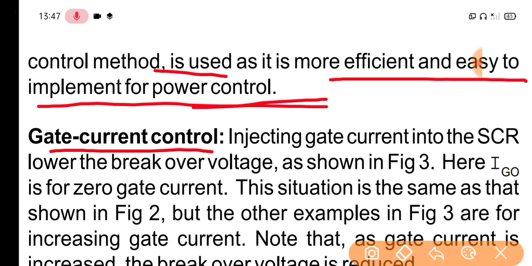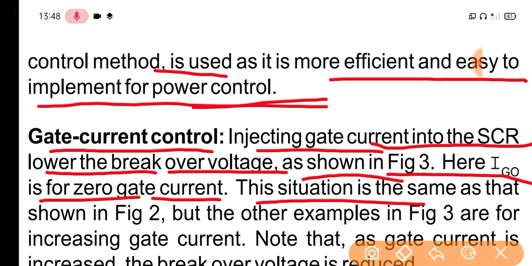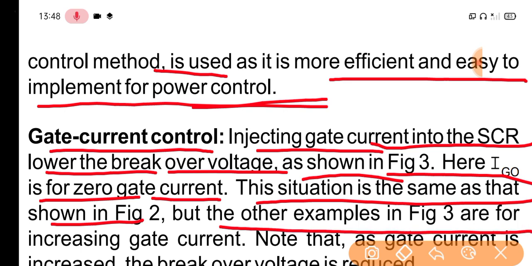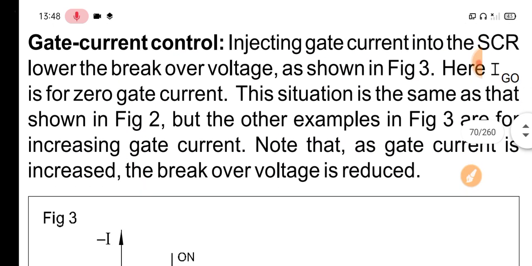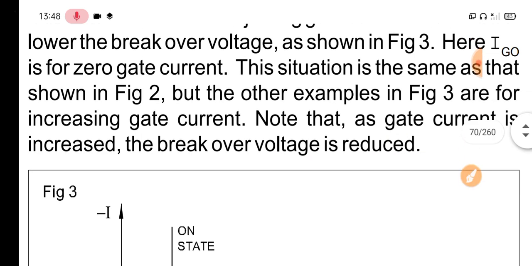Gate current control: injecting gate current into the SCR lowers the breakover voltage as shown in picture 3. Here IG0 is for zero gate current. This situation is the same as that shown in picture 2, but the other examples in picture 3 are for increasing gate current. Note that as gate current is increased, the breakover voltage reduces.